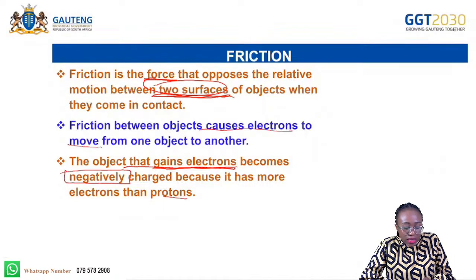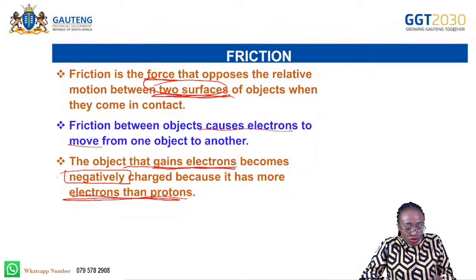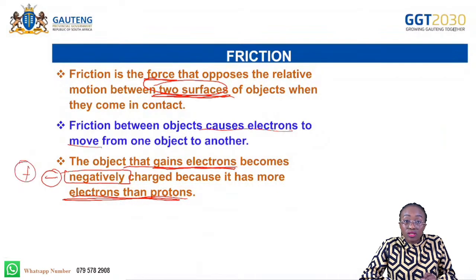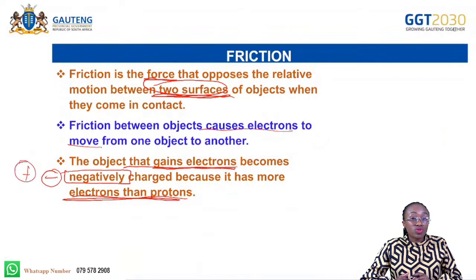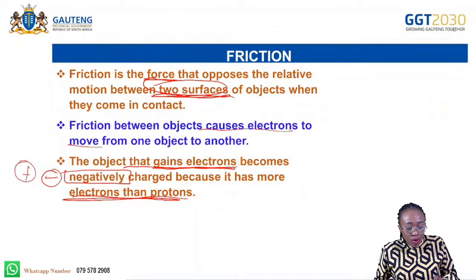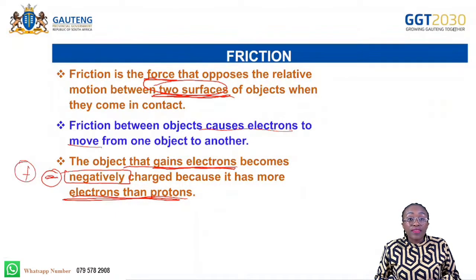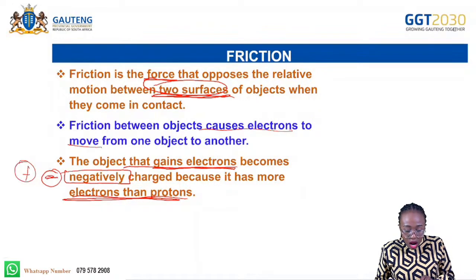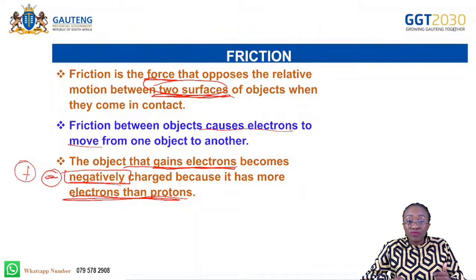Because now it has more electrons than protons. Remember, electrons are negatively charged and protons are positively charged. An atom is said to be neutral when the number of negative charges and the number of positive charges are equal. So when we have more negative charges than positive charges, we say that this object has become negatively charged.